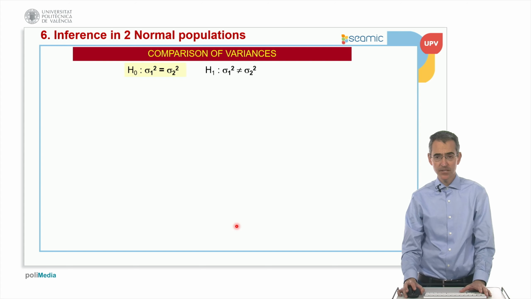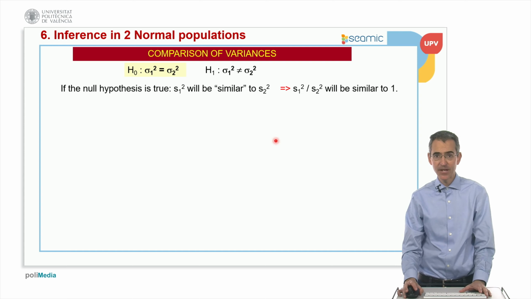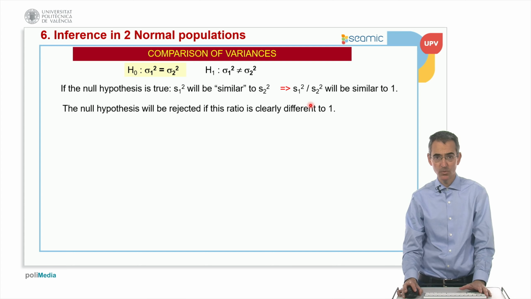Good. So this is the null hypothesis that both populations have the same variance, versus the alternative that the variances are different. If the null hypothesis is true, both will be similar, and the ratio S1 squared divided by S2 squared will be similar to 1. The null hypothesis will be rejected if this ratio is much bigger than 1 and cannot be rejected if it is more or less around 1.